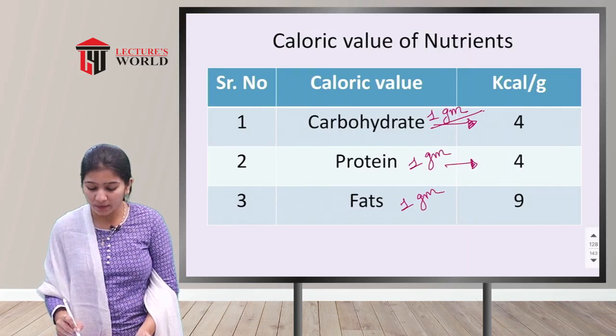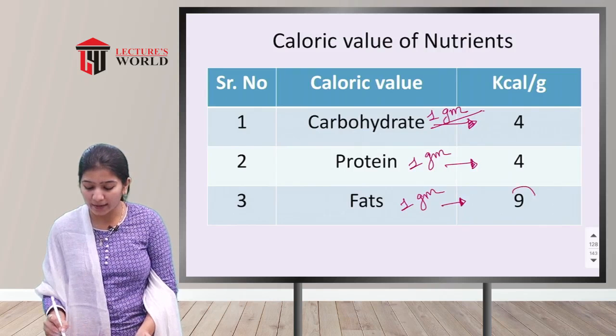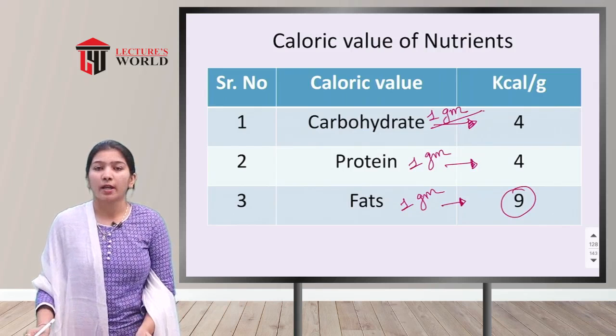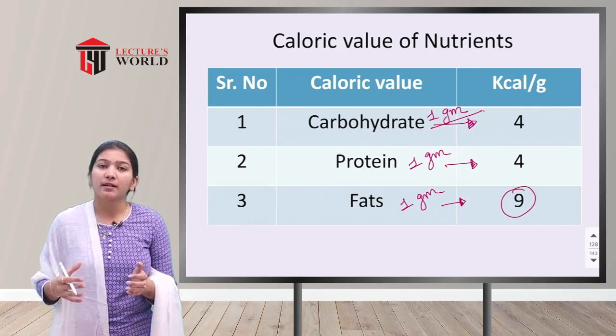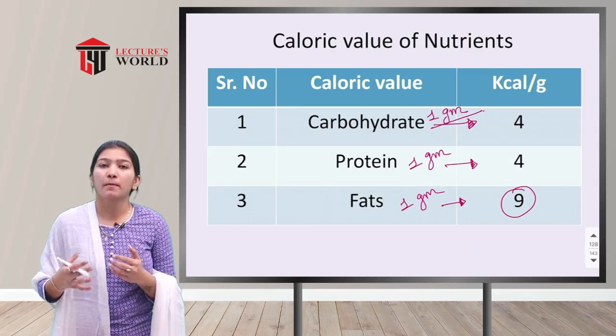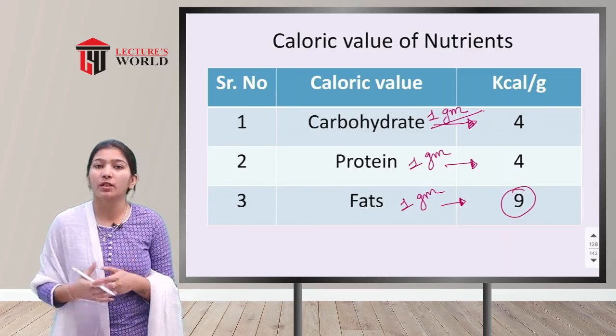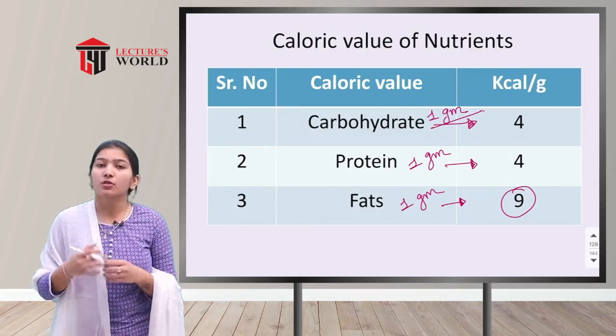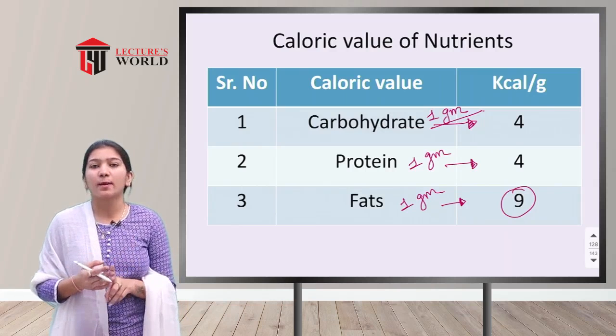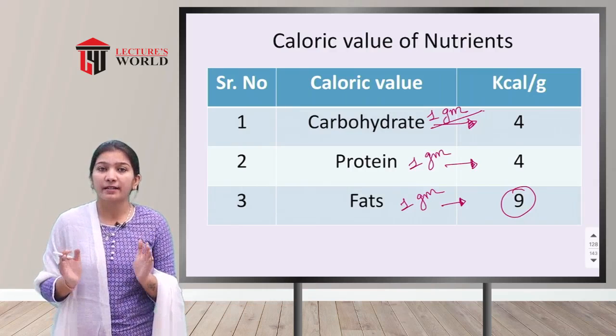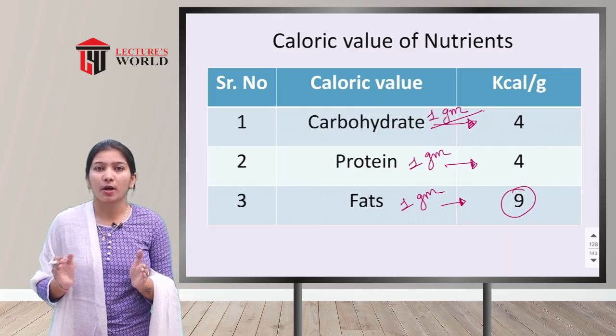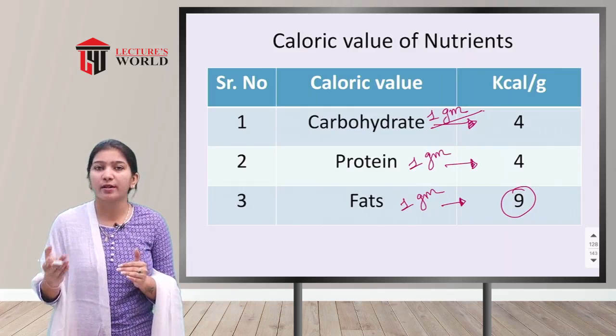If you are eating 1 gram of fat, you will get 9 kilocalories. So fat is the major concentrated source of energy, or calories. Only 1 gram of fat gives 9 kilocalories, which is a huge amount in comparison to carbohydrate and protein.